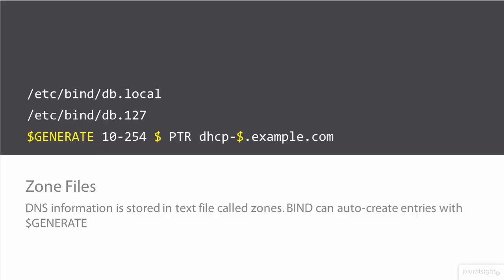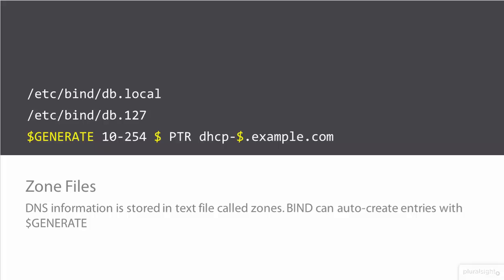We might be on 10, and we can say that's a pointer record to DHCP-10. Again, you can see that we're using the dollar symbol here, DHCP-$. So the dollar becomes the placeholder for the value that we're currently using within the range. Of course, that's going to start at 10 and go all the way through to 254.